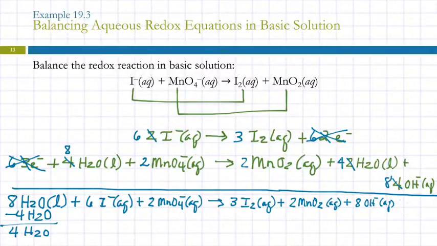And over here, I'm going to change this 8 to a 4 and get rid of my scribbles. Okay. Any questions?